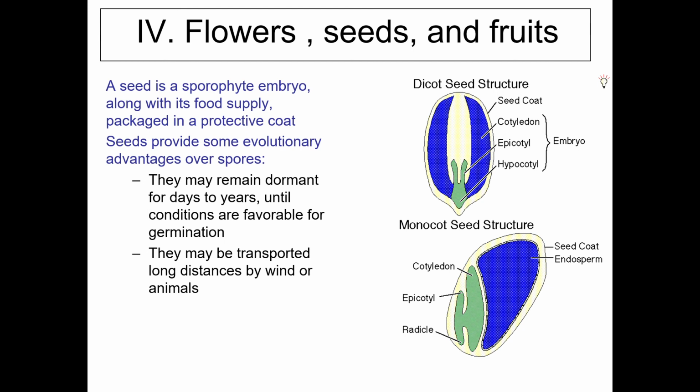You also have this advantage because you don't need water. You can have water to transport a seed, but you can use many different ways of transporting a seed, whether it's by animal or by the wind or otherwise.